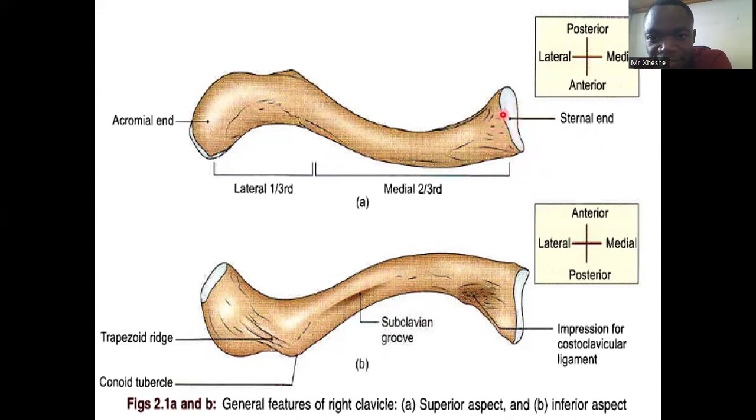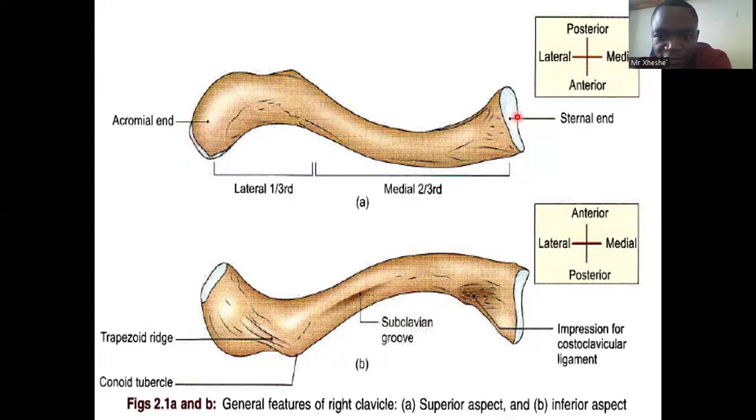Since it goes to the sternum, we call it also as a sternal end. Then this part goes to the scapula. Now, on the scapula, there's a small bone called acromion process. So it makes a joint with this bone. So that's why it gets the name from. So this is an acromion end. Or if you like, you can just say the scapular end or the lateral end.